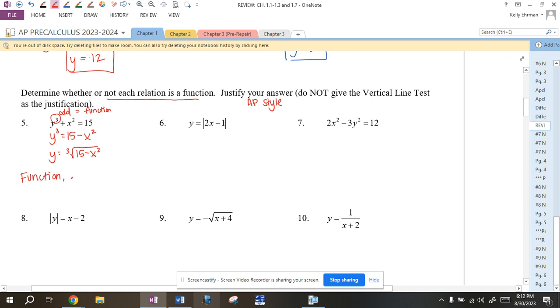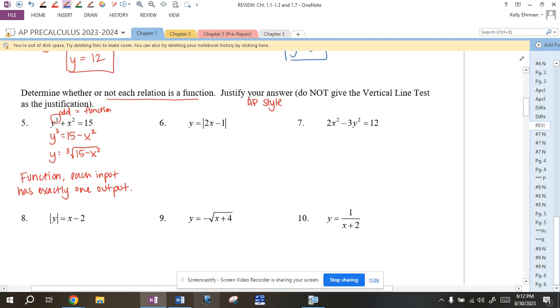In this case, I'm just going to say each input has exactly 1 output. If my answer is that something is not a function, my justification will be some inputs have, or either each or some inputs have multiple outputs.